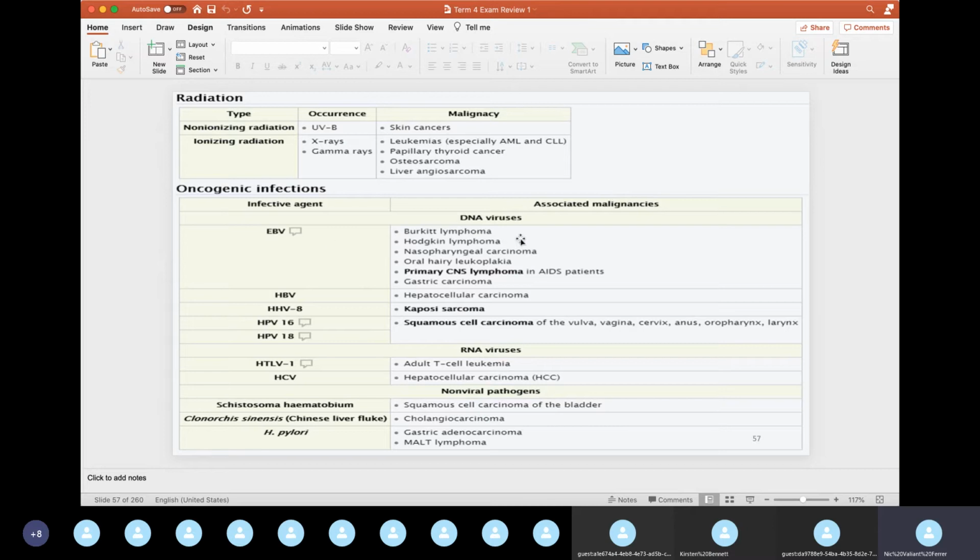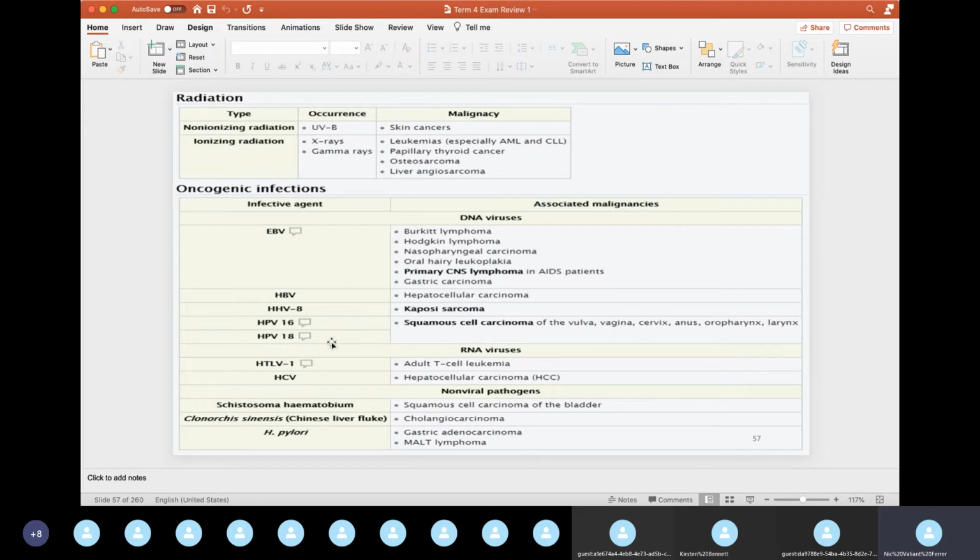Don't forget EBV, Burkitt's, Hodgkin's, oral hairy leukoplakia, nasopharyngeal carcinoma. We're going to say a man from China, right, has something in his nose. So think nasopharyngeal carcinoma, EBV. HBV, hepatocellular carcinoma. HHV8, this is your Kaposi sarcoma.